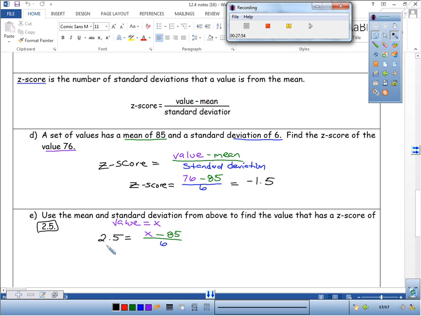In order to solve this, you're going to cross multiply. So do 6 times 2.5, and that's going to give me 12, half of that, 6 is 3. So 15. And then 1 times x minus 85 is x minus 85.